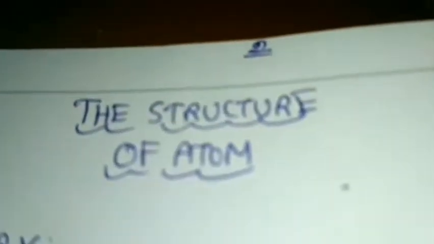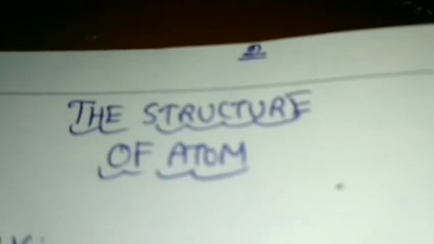In those old days, they thought that every matter is made of atoms. Matter means everything you see around you; whichever has mass is considered to be matter. So every matter is made of atoms. That's what they thought. They had no proof, but they thought that.